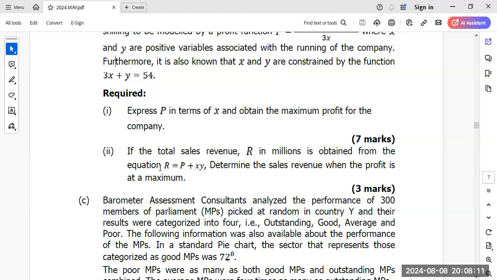So they are just testing you. Where there is Y, you know Y. Where there is P, you know P. And they are telling you just get sales revenue. People fail because they are just scared.